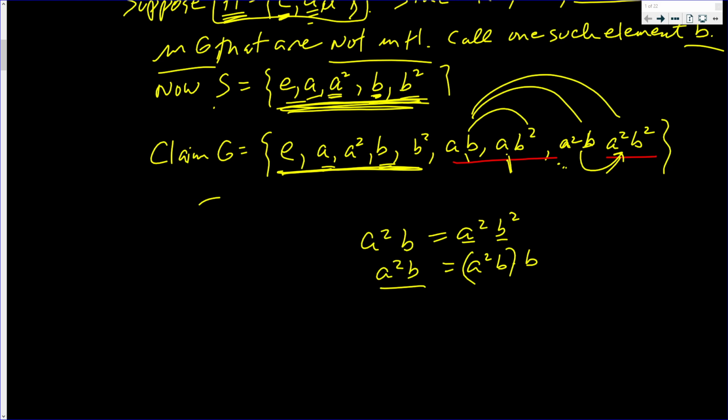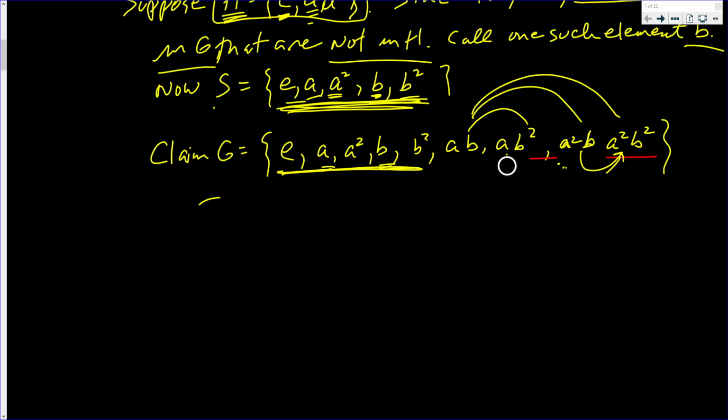Say A squared B is equal to itself times B. That would imply that B is E. But that's a contradiction. Okay, so basically what I showed is, let's put the red underline back. What I underlined, those elements are all different from one another.